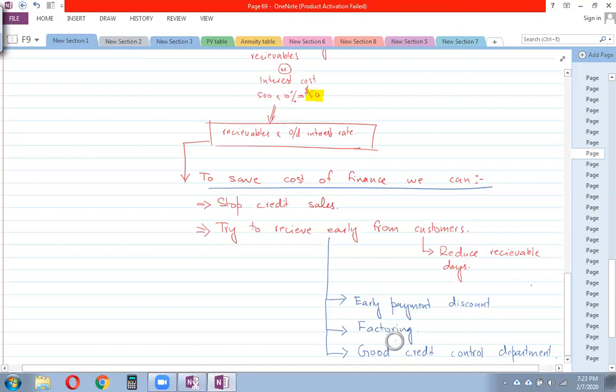And the other thing is, if you are taking the factoring facility, you have to give something to the factor also. That's also a cost in the form of interest if the factor is financing you, or if the factor is giving you the debt collection service, then you have to pay something again for that service. If the factor is giving you the credit insurance, you have to pay something for that as well, right? So, of course, you cannot simply say if it is a good option or a bad option unless you measure it. So that's how you will be tested in exam as well.